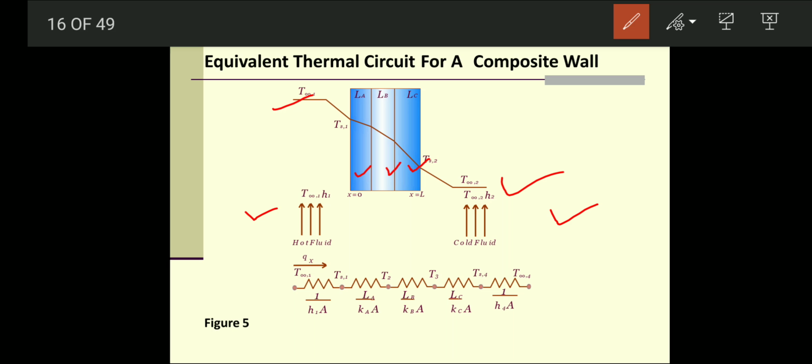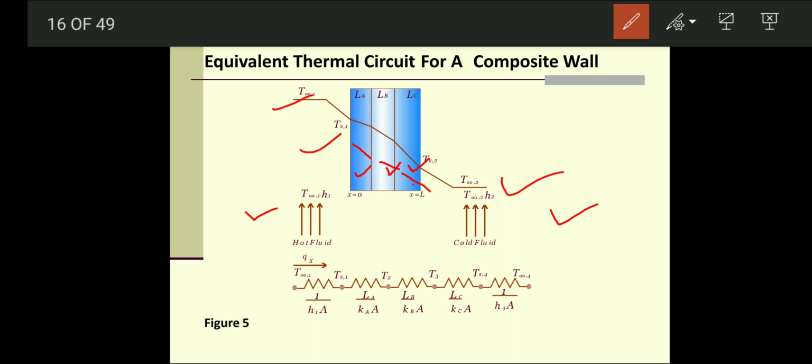So the heat transfer from hot fluid to cold fluid is subjected to 5 resistances as shown in the figure, as in an electrical system. The first resistance is the convective resistance between the solid surface and the hot fluid. Second is the heat transfer from temperature T1 to T2, then T2 to T3, then T3 to T4, and then from T4 again to the cold fluid. So here there are 2 convective resistances and 3 conductive resistances.